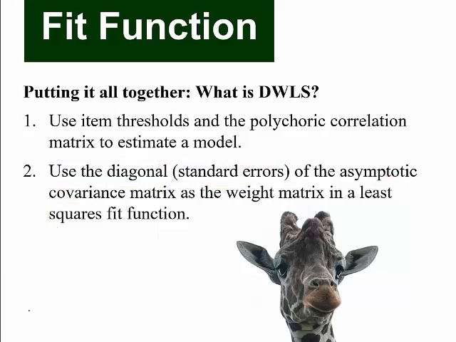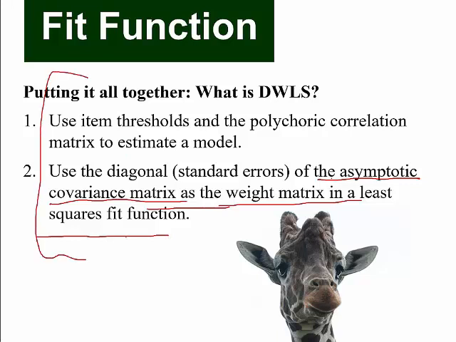Specifically, it will use the diagonal of that asymptotic covariance matrix, which are the standard errors for all of our polychoric correlations. And so we'll use the asymptotic covariance matrix as a weight matrix in the least squares fit function. And when we put that all together, we have done diagonally weighted least squares.